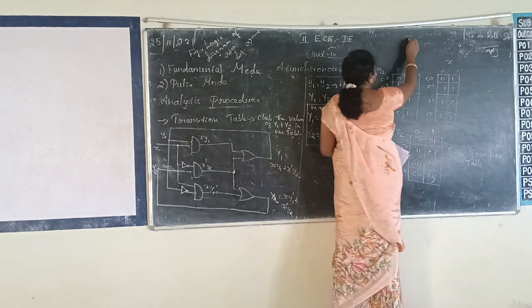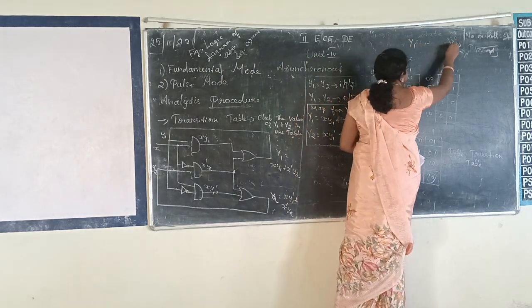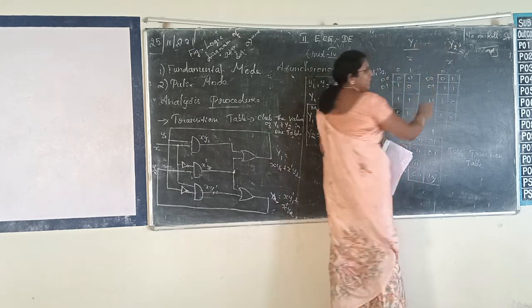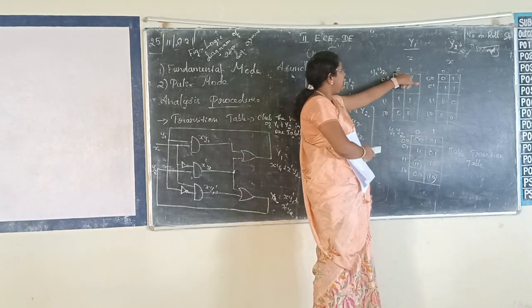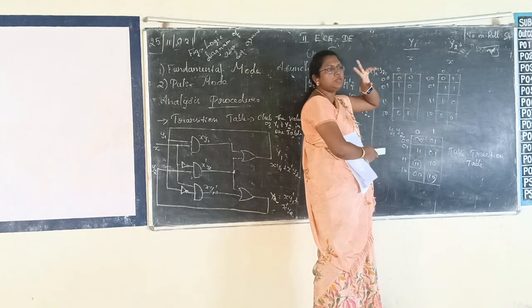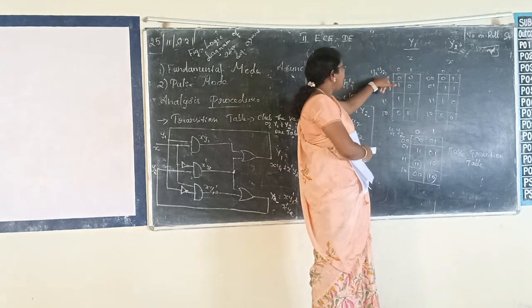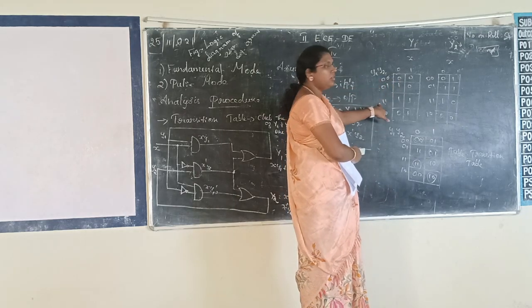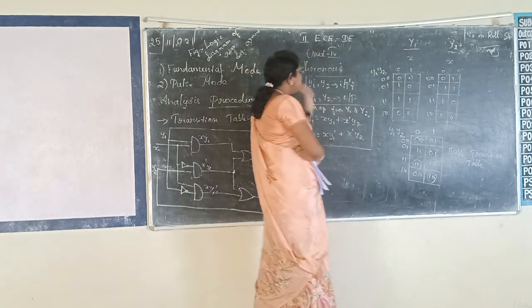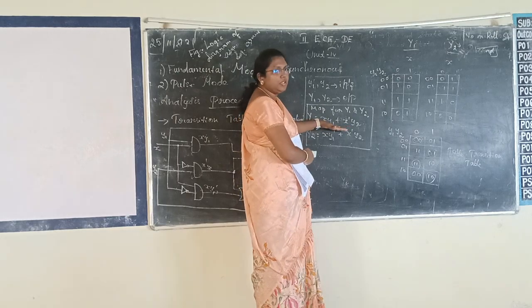This is for capital Y1 and this is for capital Y2. So x will be the input, and it is 0 or 1, two possible conditions. And for y1 and y2, the possible conditions are 0 0, 0 1, 1 0 and 1 1.